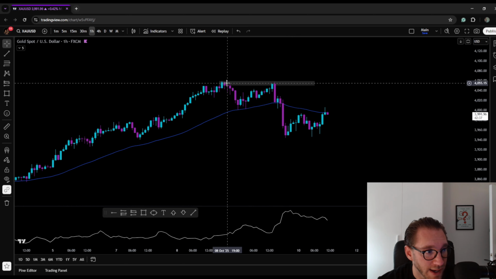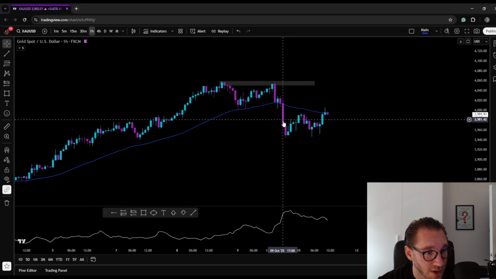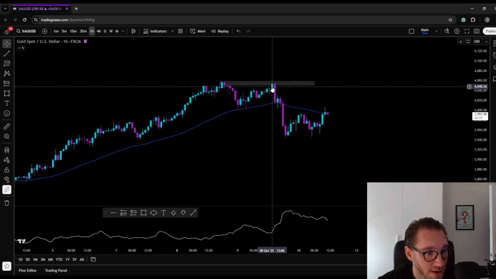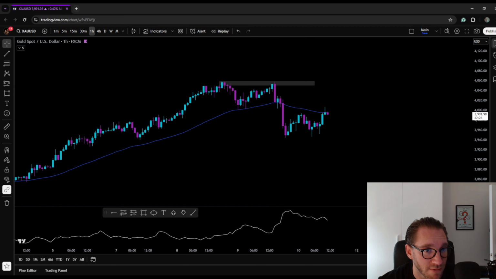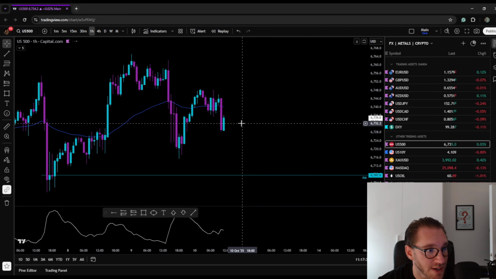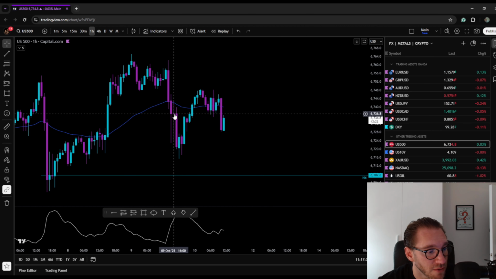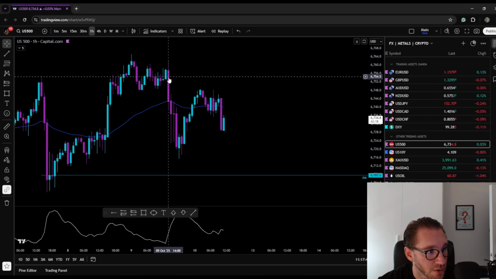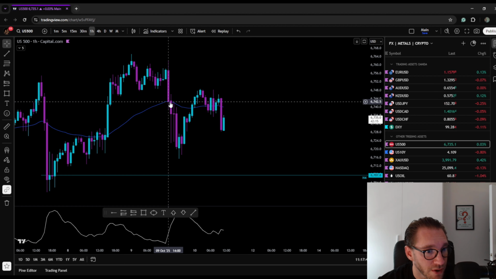And if you look at how gold reacted to this level yesterday, if you go back to any of the other charts, which is the 9th of October 2025 at 2 o'clock, you had a huge sell-off there on the S&P 500.